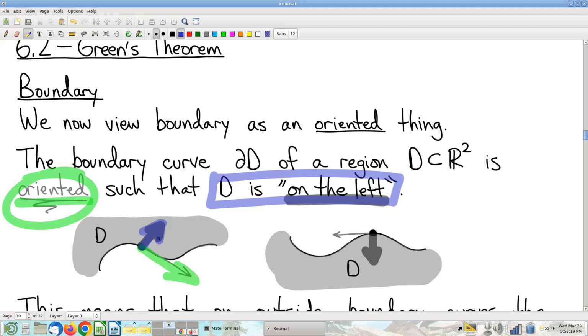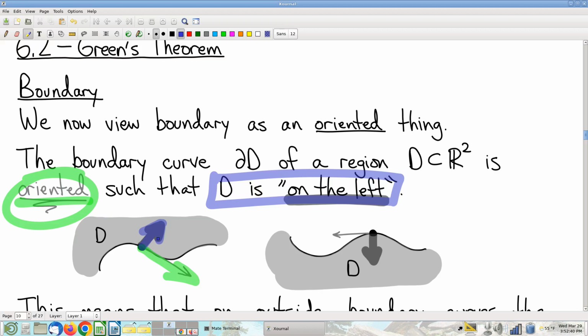Now I appeal to your sense of geometry. Here's this boundary curve I've got moving along the bottom here. If I'm going in the direction of this green arrow, imagine me walking along here. The region's on my left. Right? On the other hand, let's imagine I was going this way.